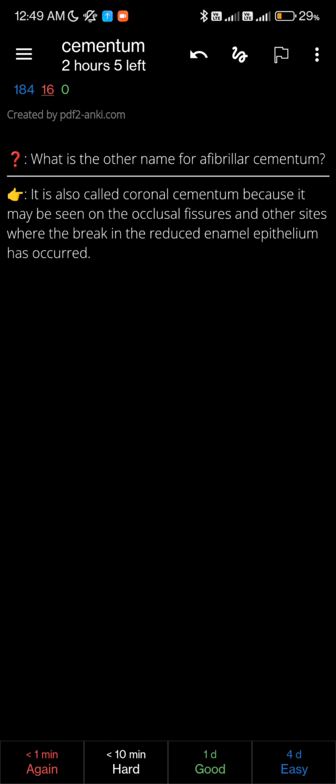So it may be seen in occlusal fissures and in the sites where the break in the reduced enamel epithelium has occurred.